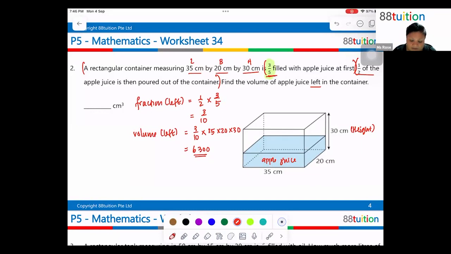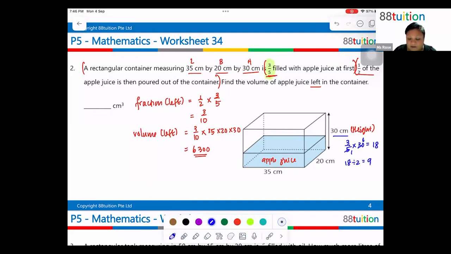But another way is if I were to use the height. If it is only 3/5 filled, that means the height filled is 18 cm. So if I remove half of it, that means 18 divided by 2 to give me 9.